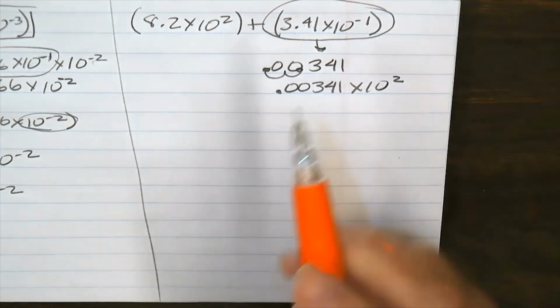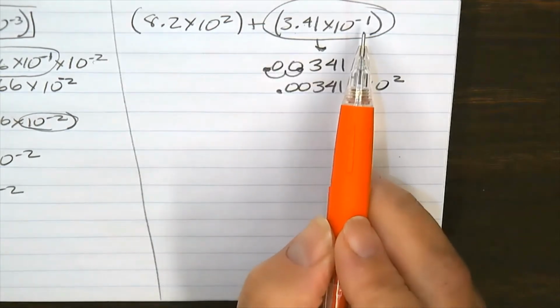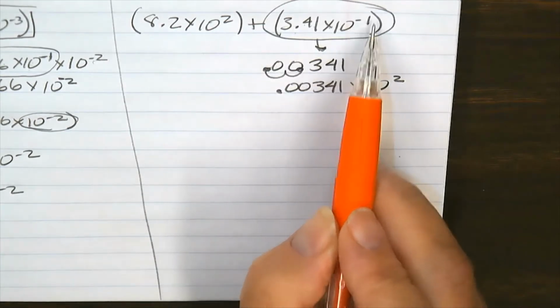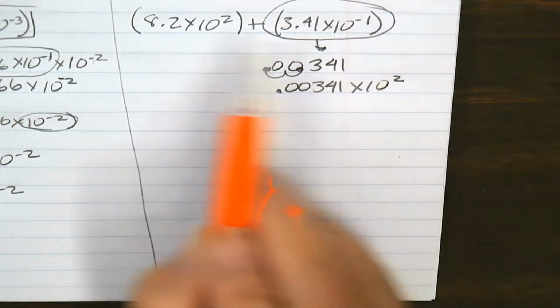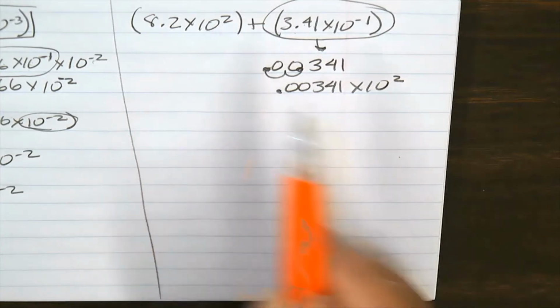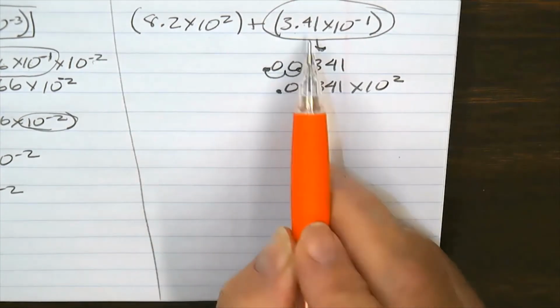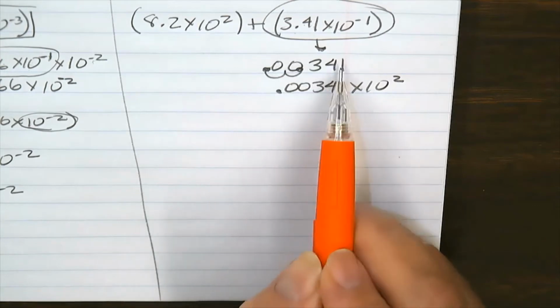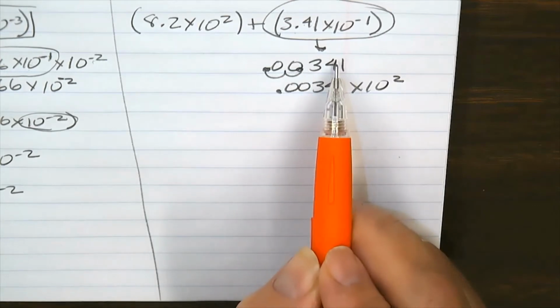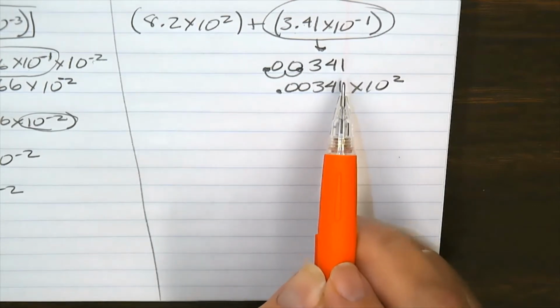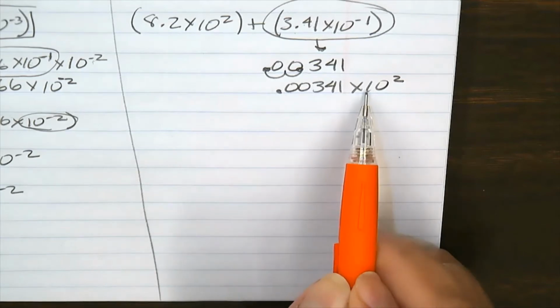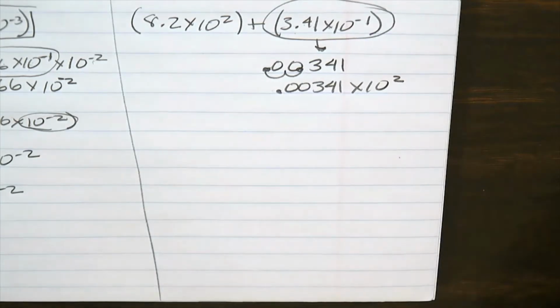So in my opinion, when it's not easy to convert this exponent to a positive 2, turn it into its standard form, then rework the standard form so that you get the power that you need.